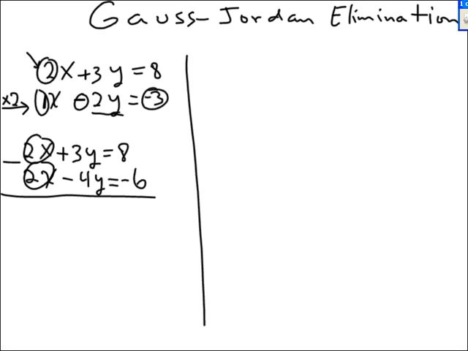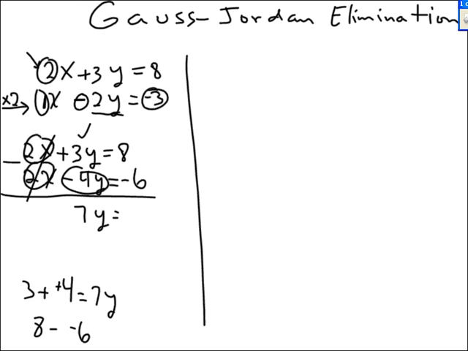2x's take away 2x's, they cancel to 0. 3y, take away negative 4y, change and change, that gives you 7y. 8, take away a negative 6, change and change, you get 14.